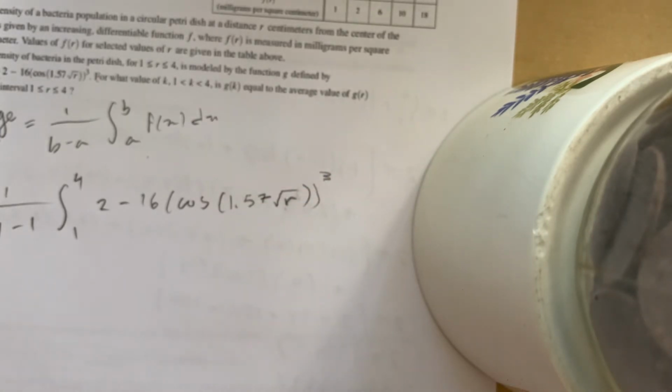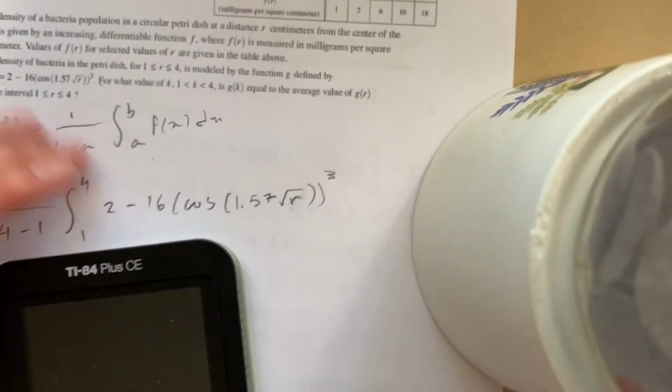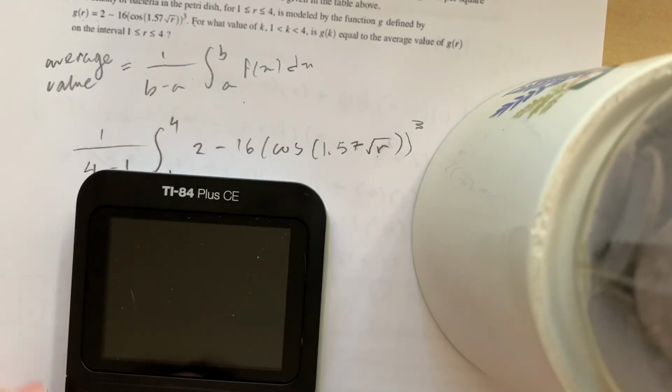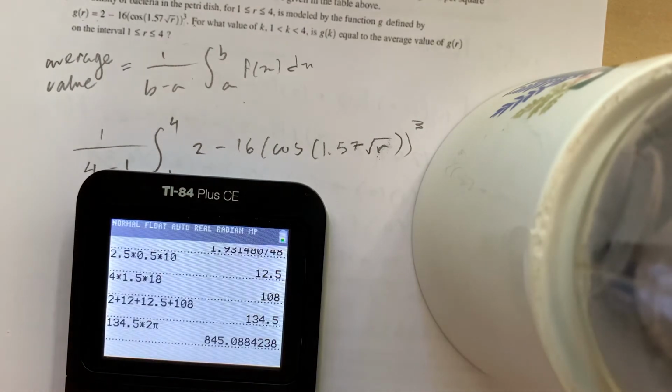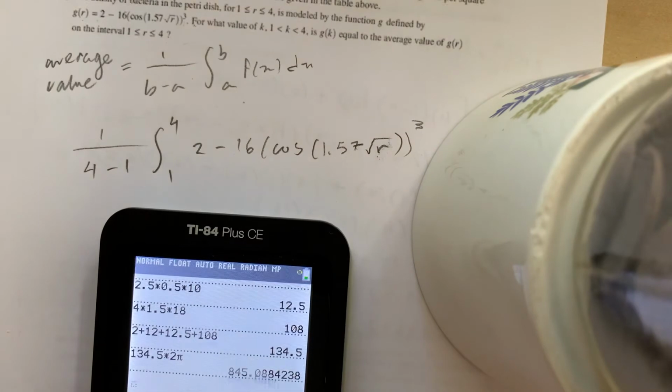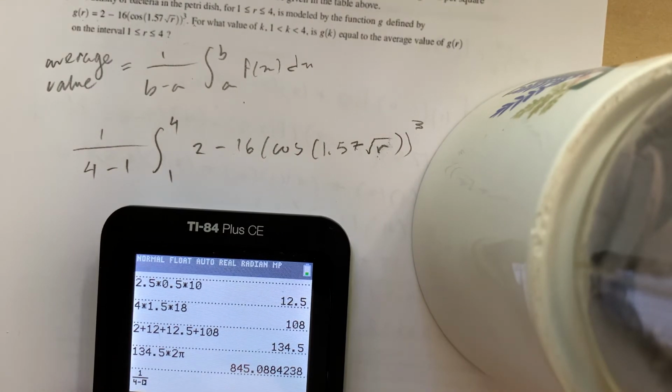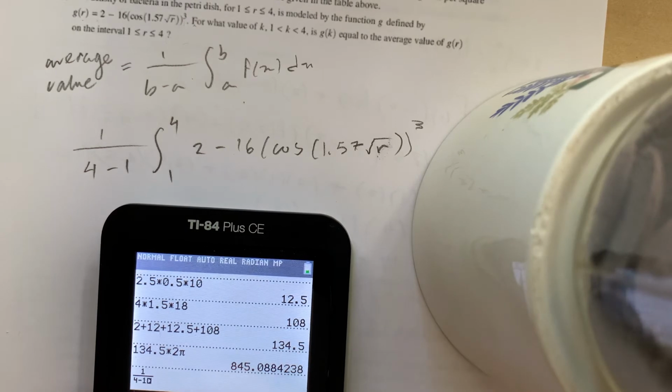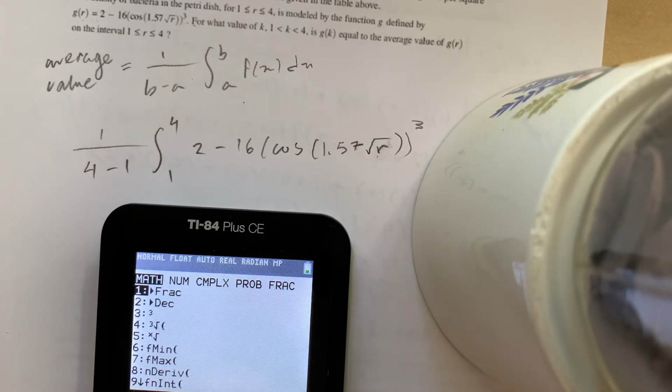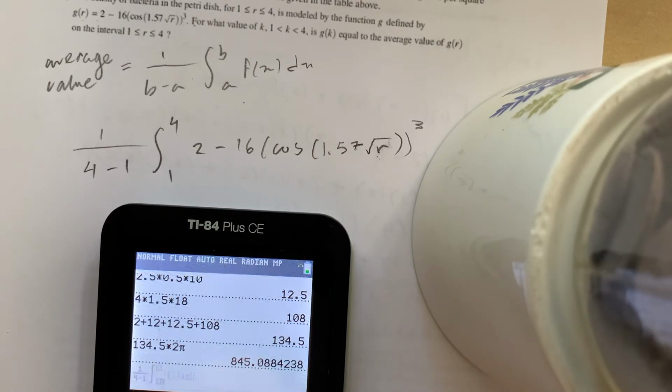And so then what I'm going to do now is plug it in. Let me move this back down here. I'm going to go on my graphing calculator. Do 4 minus 1, and then go to math and say integral. I know 1 and 4.